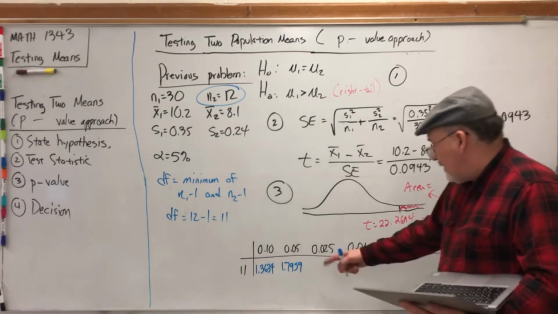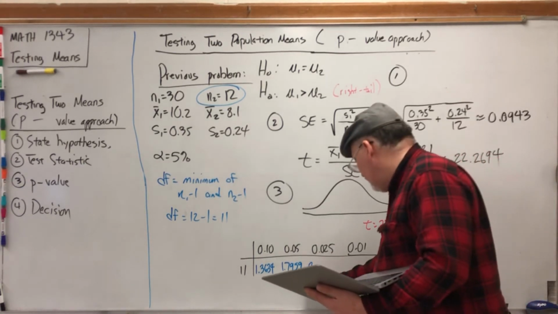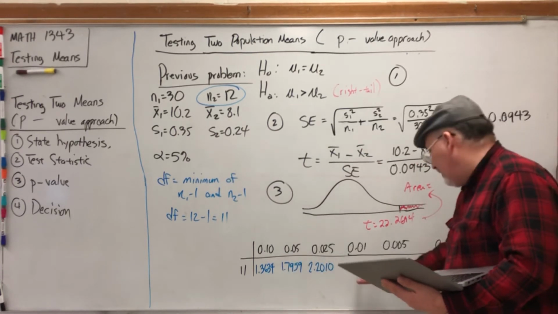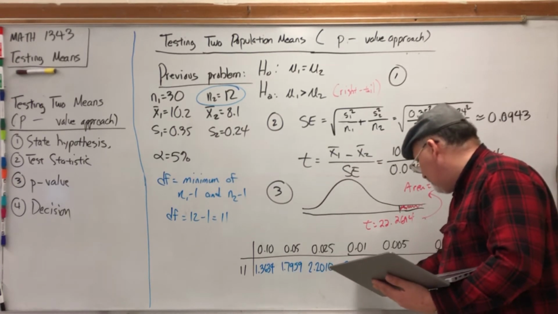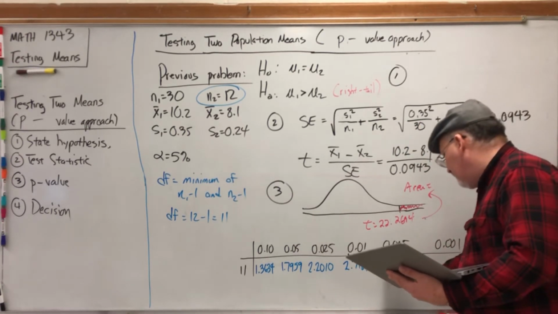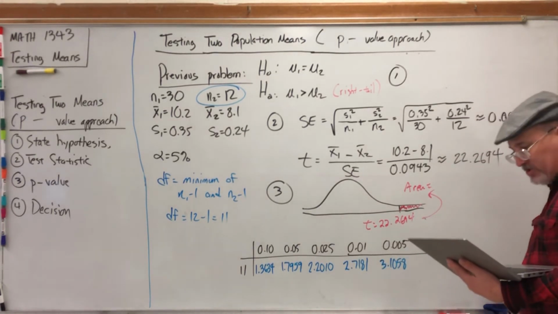Not the negative, just that. Next one is 2.2010, the next one is 2.7181. The next one is 3.1058. And then the last one is 4.0247.